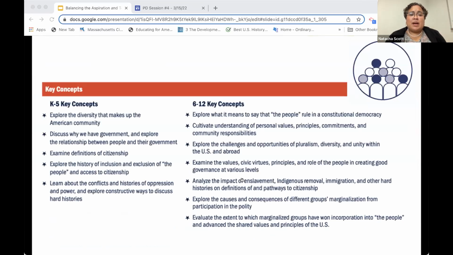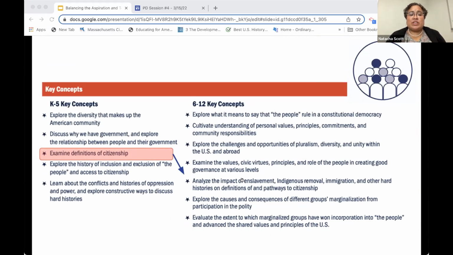Now, as we think about these concepts and thematic questions, we also have key concepts from K-5 and 6-12. Here you can see each of the two grade bands grouped together. As we look at these key concepts, we can see where concepts like examining definitions of citizenship can lead into more complex discussions in 6-12, where you're analyzing the impact of enslavement, indigenous removal, immigration, and other hard histories on the definitions and pathways to citizenship.